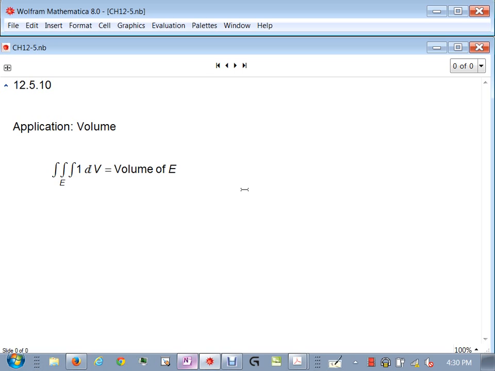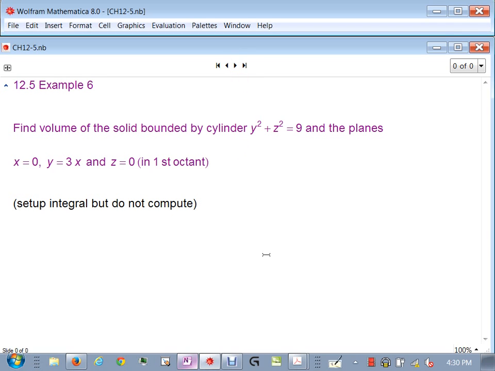This is one thing I did want to say, application. If the double integral of 1 with respect to area is the area of the region D from earlier, then the triple integral over E of 1 dV is the volume of the solid. Isn't that the problem we just did?